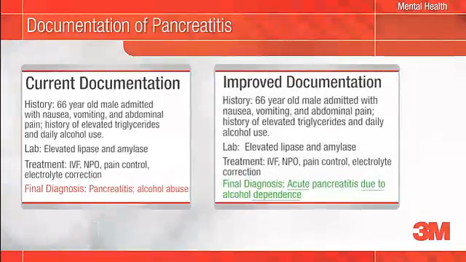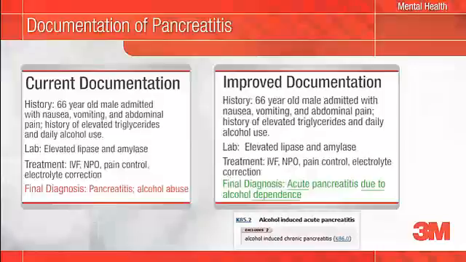It clearly states the pancreatitis is acute and shows cause and effect by stating due to alcohol dependence, which results in the reporting of alcohol-induced acute pancreatitis. The coder is not permitted to assume the alcohol caused the pancreatitis. Only you are able to document and use words such as caused by, due to, or secondary to.